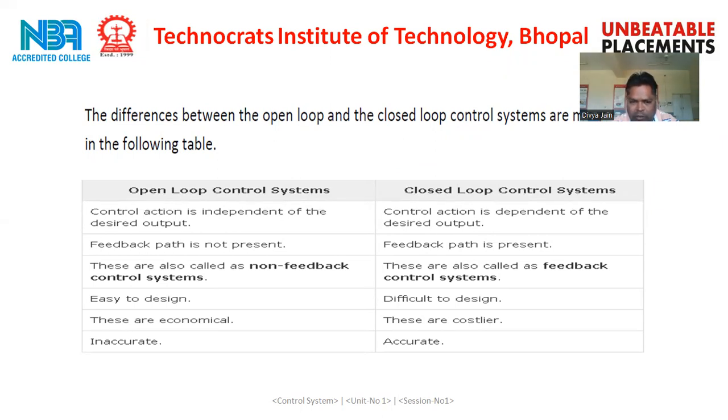If a system is highly sensitive, then due to some disturbance or noise, the output will also be distorted. To remove this type of problem, we generally use the closed loop control system. With its help, we can minimize the sensitivity of the system.